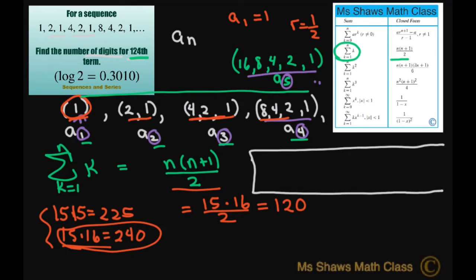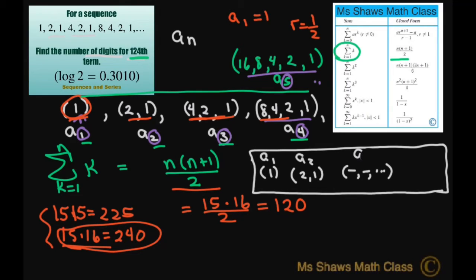So basically, this is your first term, which is 1. A sub 2 is going to be 2, 1. And then a sub 15 is going to be like this, something like this. And then this, that's 15.